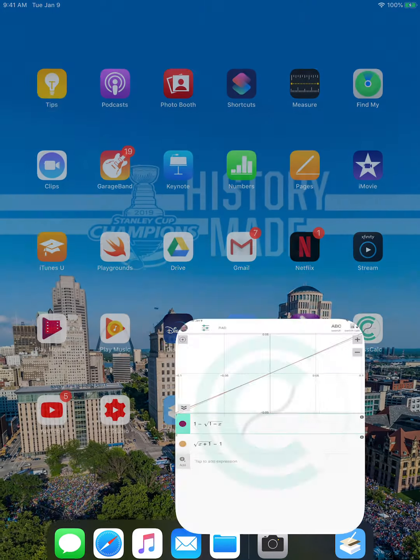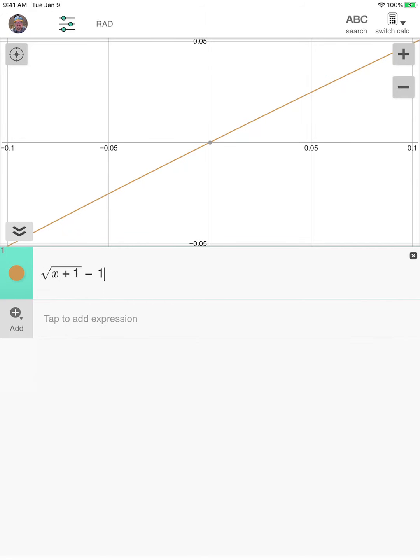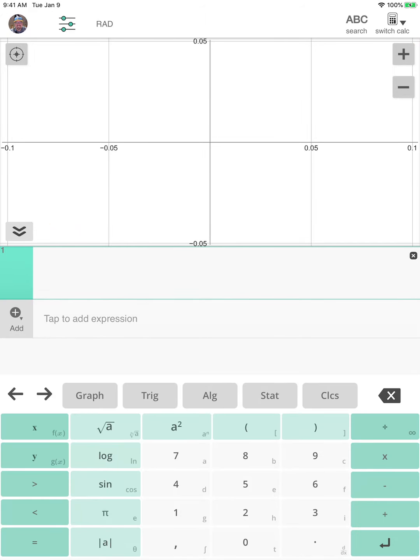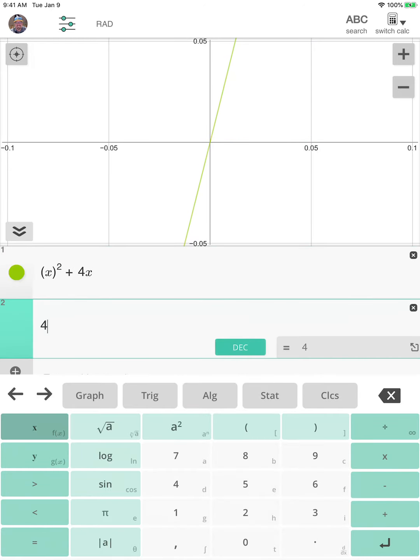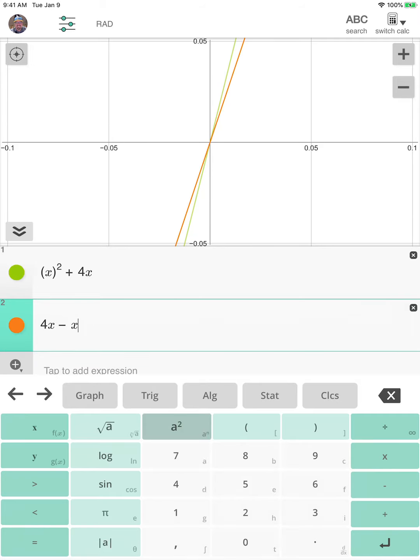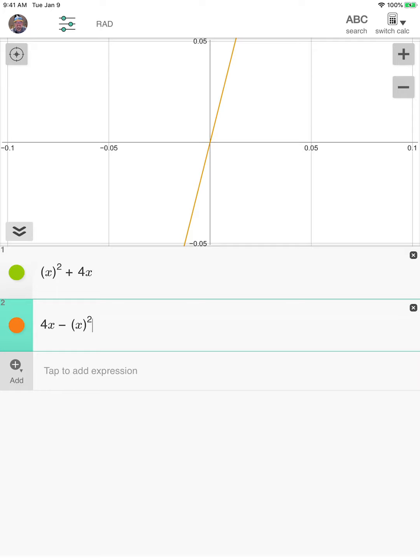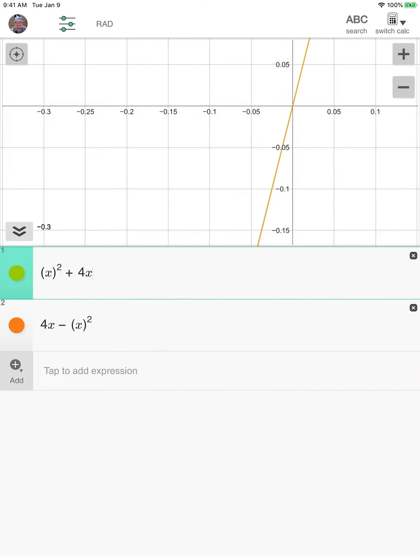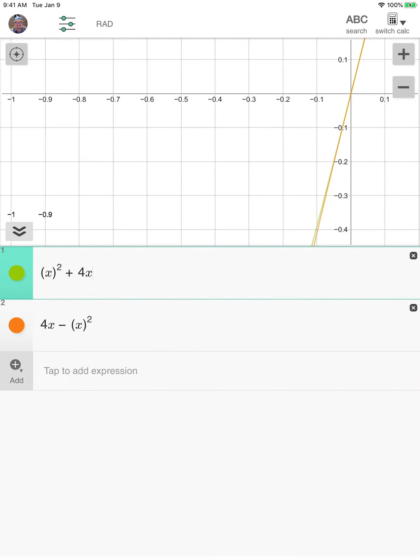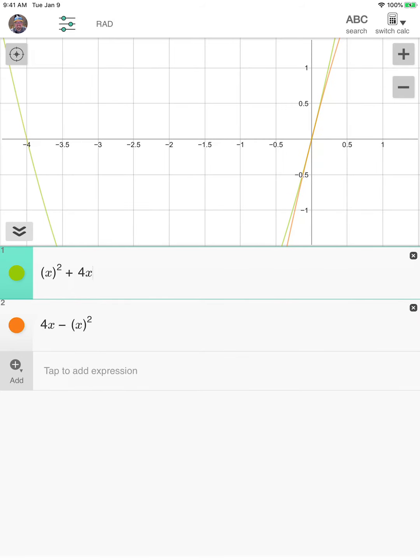And so now I need to regraph these two. So x squared plus 4x and 4x minus x squared. And let me zoom out a little. Okay, and so if we look here, it's kind of hard to tell, but you can actually see the orange one is on the bottom.